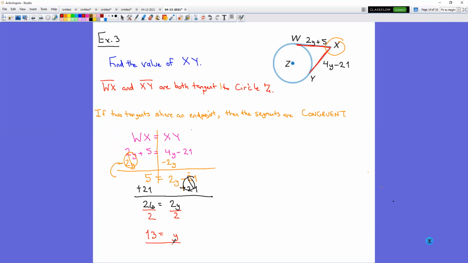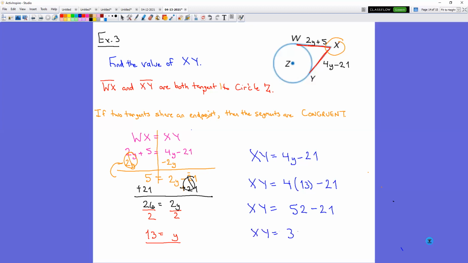Now that we know what y is, we're going to figure out the value of segment xy. xy was 4y minus 21, so xy equals 4 times 13, which is what y was, minus 21. 4 times 13 is 52, minus 21 is 31.